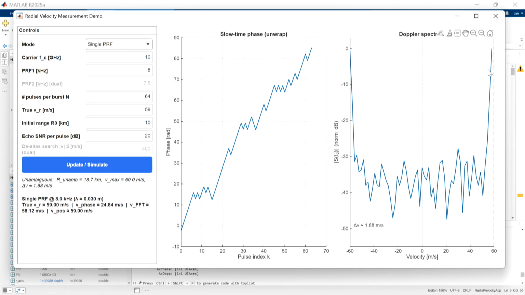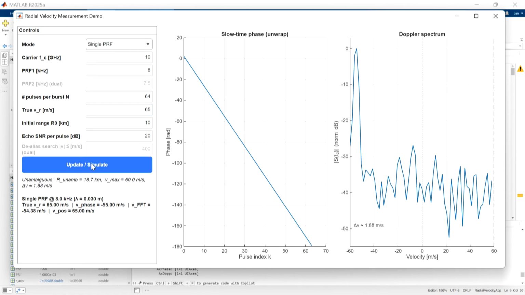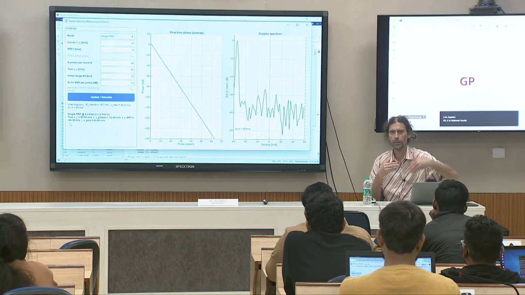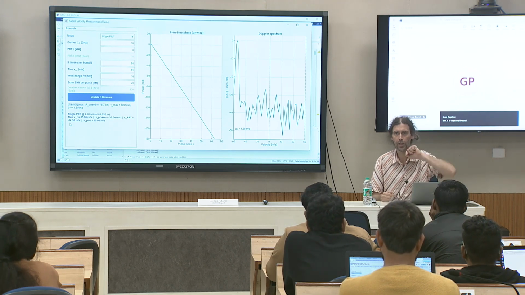But you can see we are just on the edge. If I put 65, I am outside. It shows me minus 55. What does minus mean? The target travels not incoming to me, but outgoing.